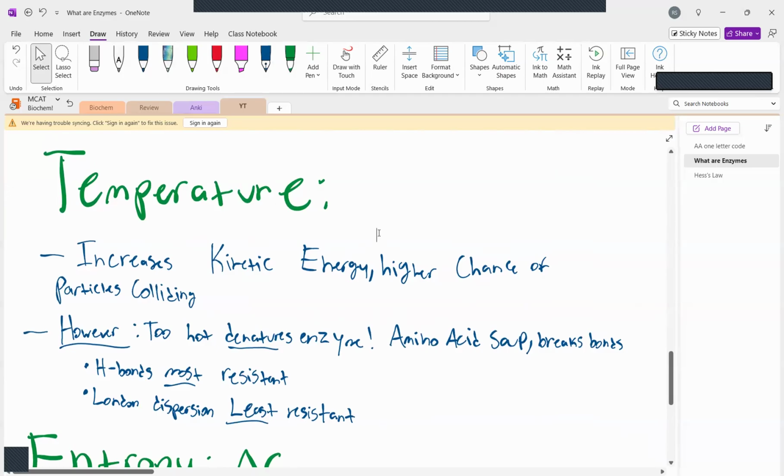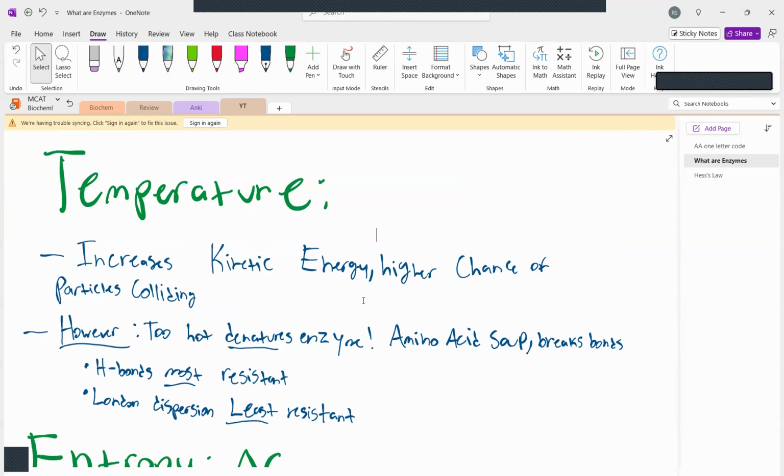However, if you have too hot of a reaction, you could denature the enzyme, which is a big uh-oh. Amino acid soup, sort of. You're breaking the protein down, like the bonds can't hold the structures together. It's just complete and total chaos.